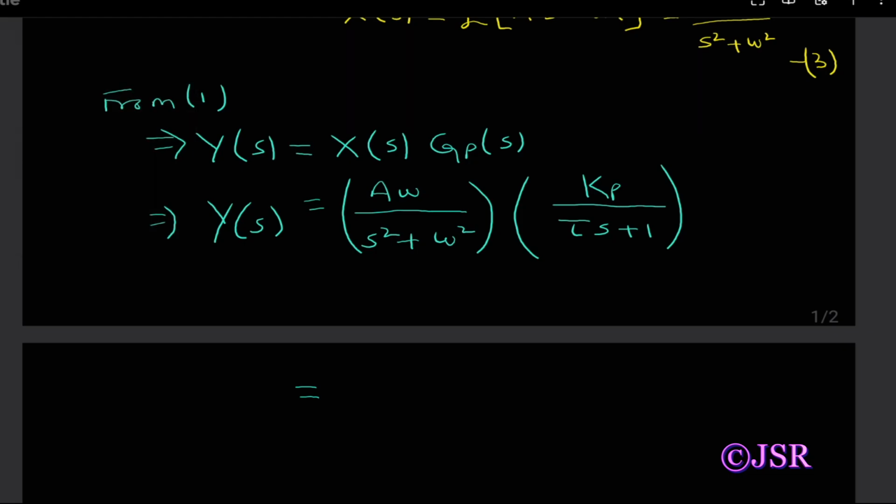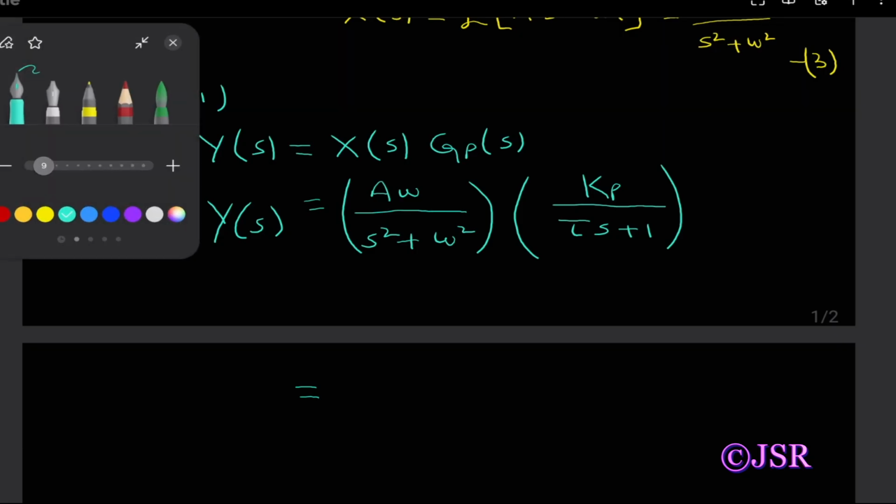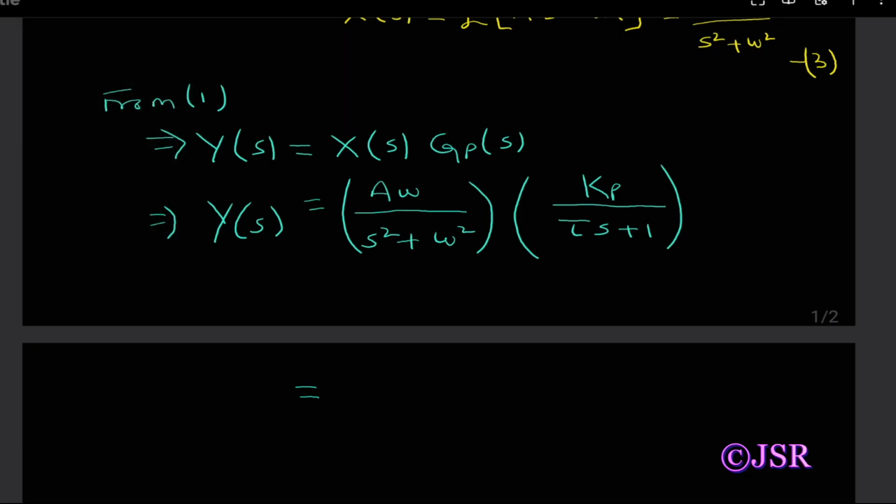In the denominator we have tau s plus 1, and here the coefficient of s is tau. So to make the coefficient of s unity, we have to divide tau s plus 1 by tau, and similarly we have to also divide Kp by tau.